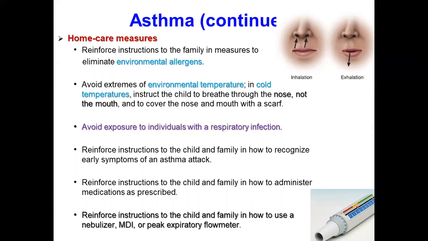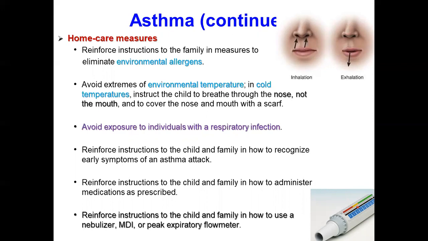If your patient has asthma, right? So if my patient got hospitalized with asthma, what are the nursing interventions or what teaching could we explain to them? First of all, as I told, avoid the known trigger.